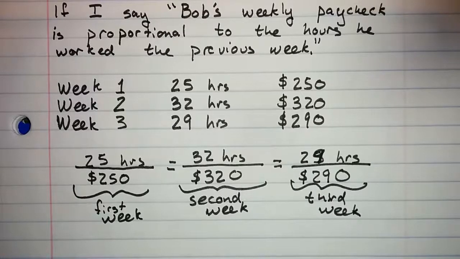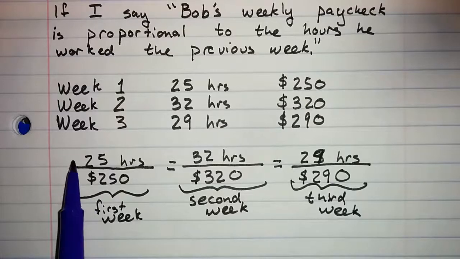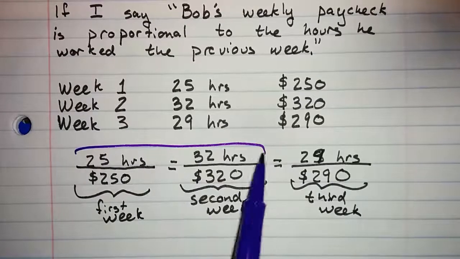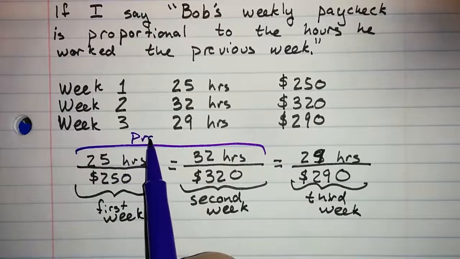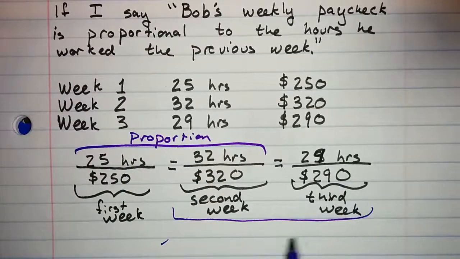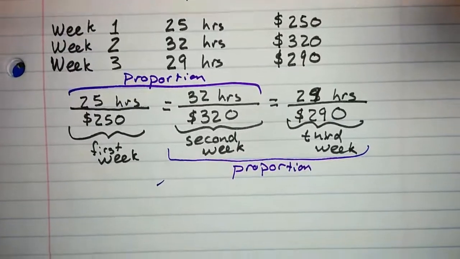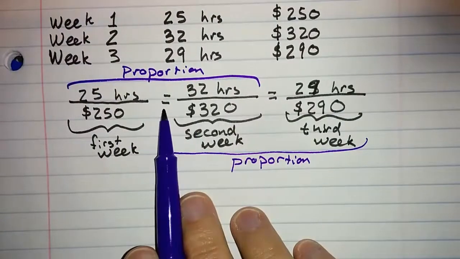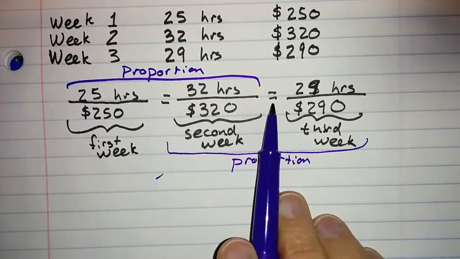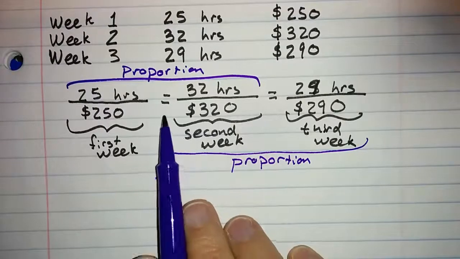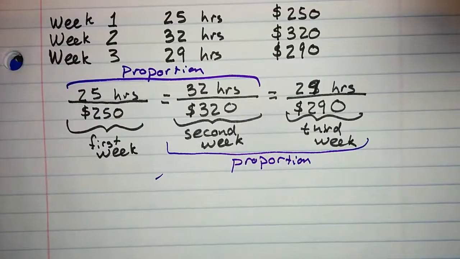How can I check that they're equal? Well, this is a proportion. This is another proportion. I know how to check whether a proportion is true, right? So I can check whether this equals sign is true, and whether this equals sign is true. If they're both true, then they're all equal.